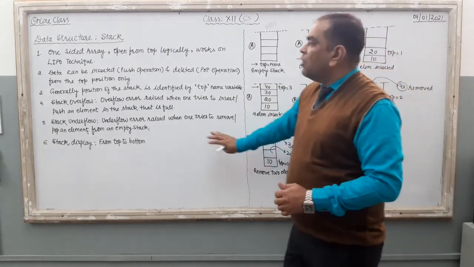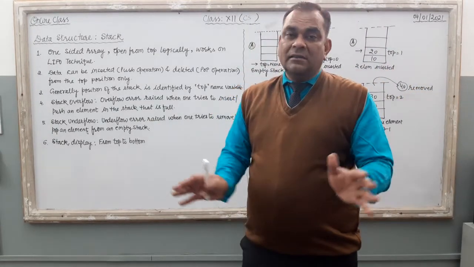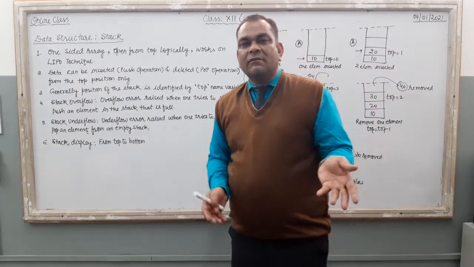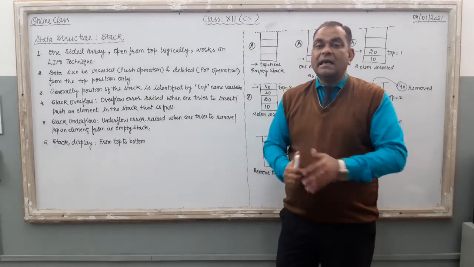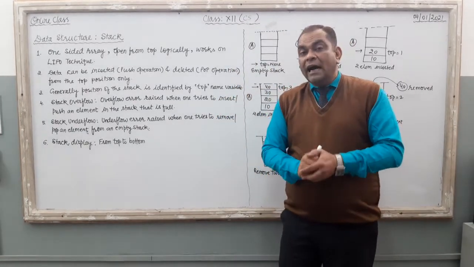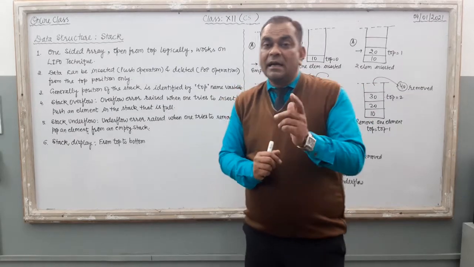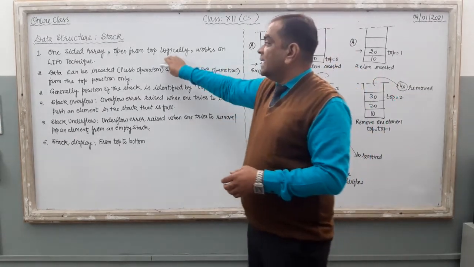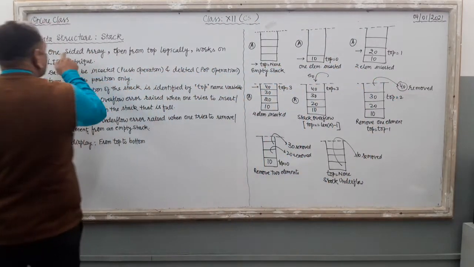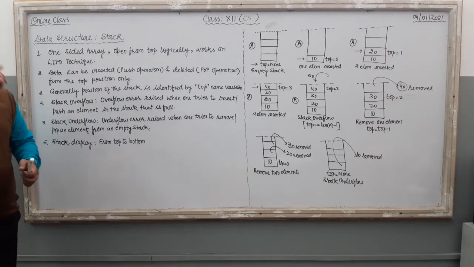Now just see the basic ideas, or the different basic terms related with the stack that you should know while you create a program related with the stack. Stack is a one-sided array. What is the meaning of one-sided array?